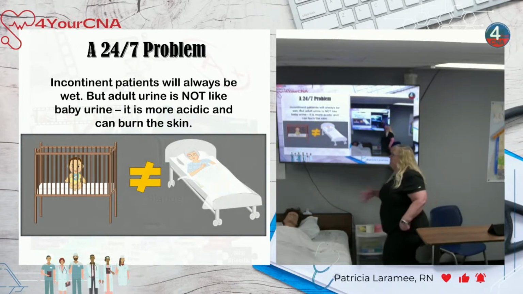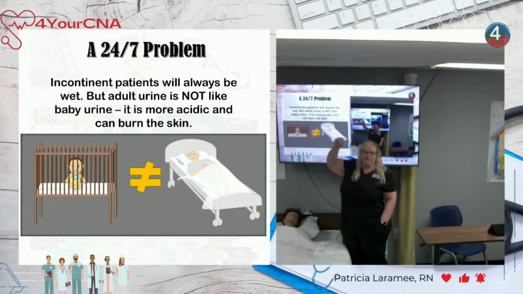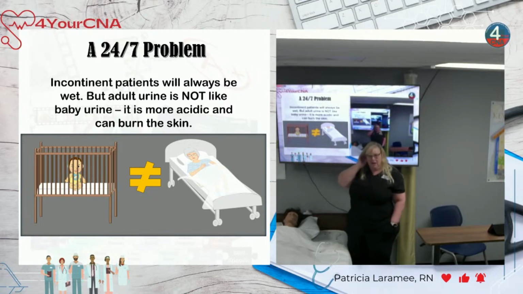So everybody's familiar with babies. We put a diaper on a baby, put them in a crib, let them sleep all night, and it's fine. Wake up the next morning, change their diaper, they still have skin on their tushes. Babies are not like adults. Baby urine is very mild, very neutral, pH neutral. It's not acidic.